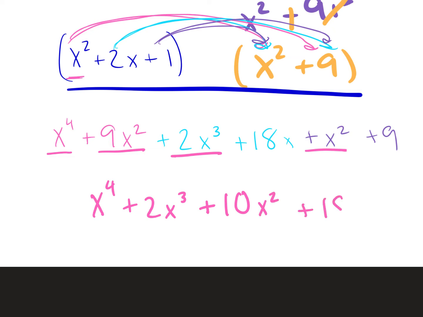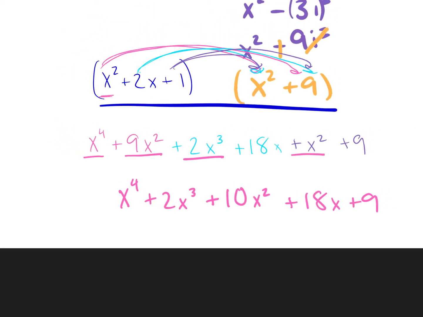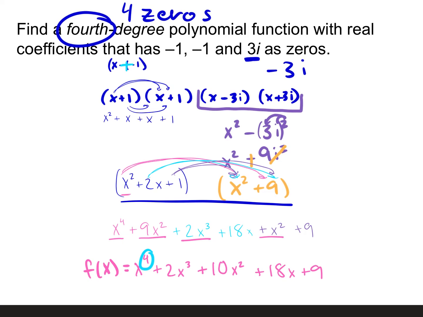And then plus 18x plus 9. And then our polynomial, we always like to name it with an f of x is equal to this. Whatever your highest degree, so here it's a 4, x to the 4th power, that's how many zeros we started with. So it'll always match up. If it doesn't, you probably did something wrong.